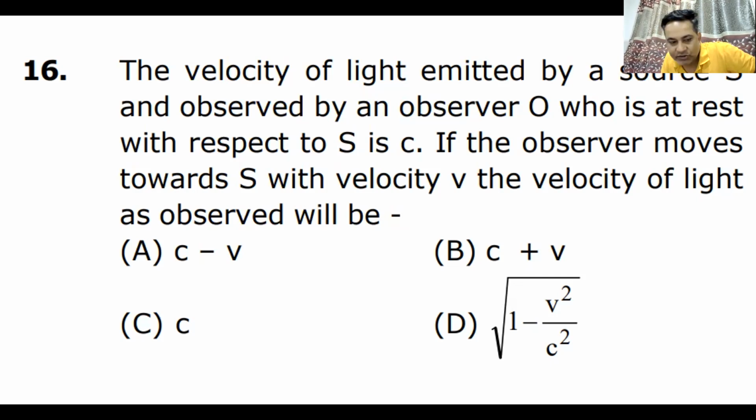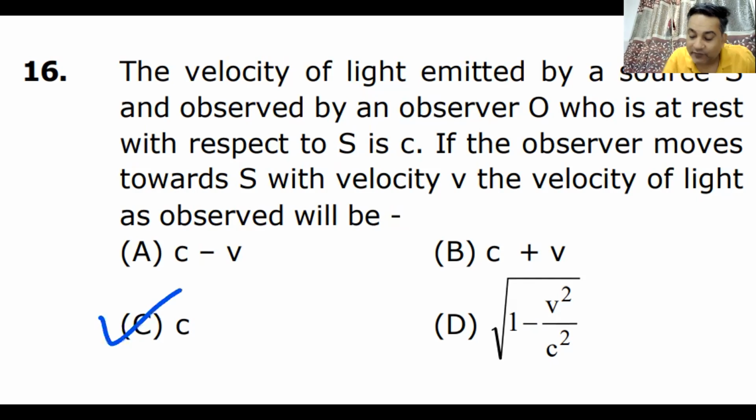Which is the correct answer? And the answer is c. Speed of light does not depend on whether you are moving or the light is moving. Speed of light is the same. Do we understand this? Yes, remember this.